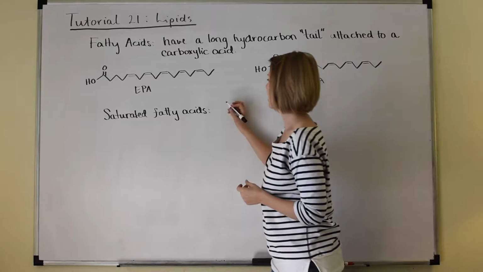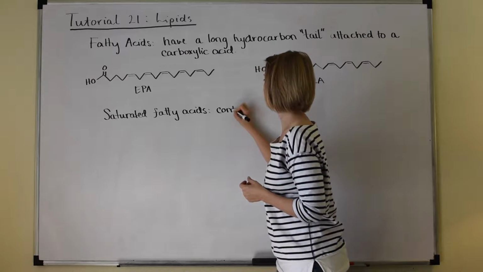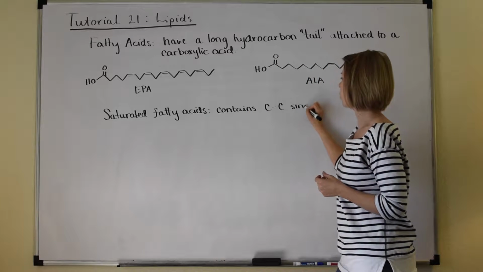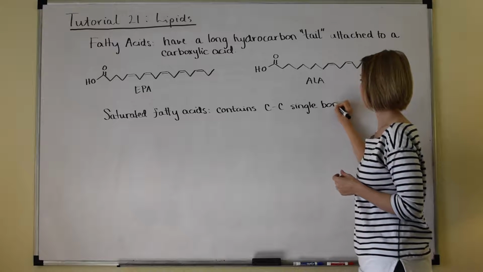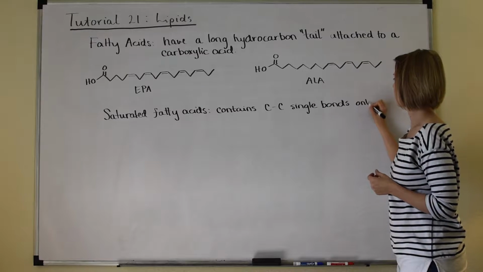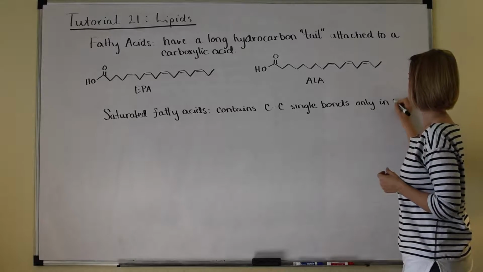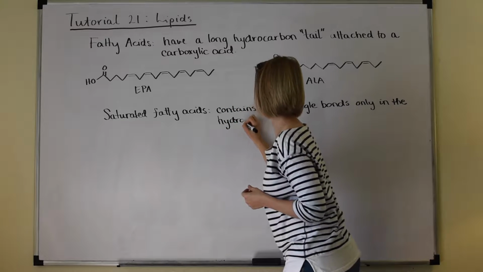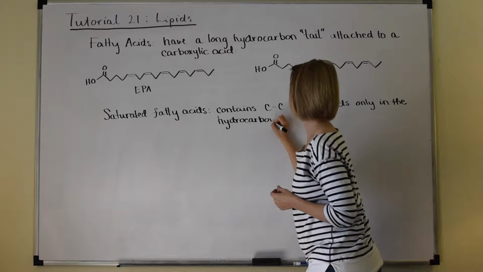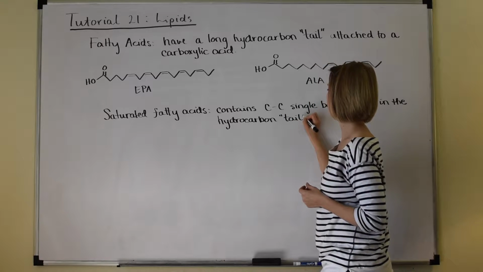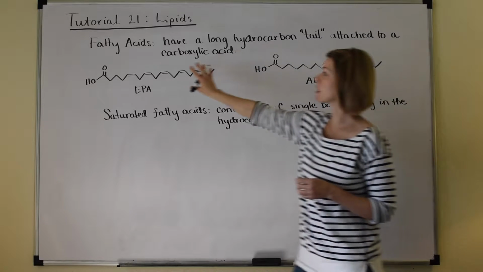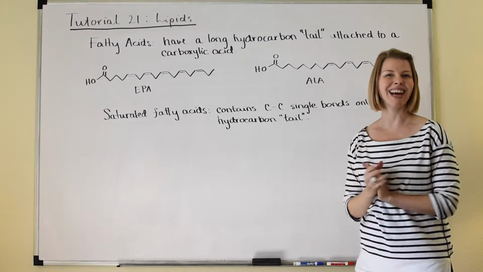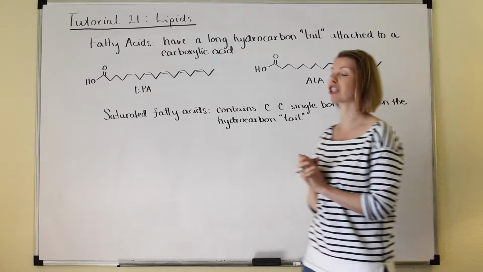So a saturated fatty acid contains carbon-carbon single bonds only in the hydrocarbon tail. Okay, so obviously the two examples of fatty acids that we have drawn on slide 2 are not saturated fatty acids. They do not contain just carbon-carbon single bonds.